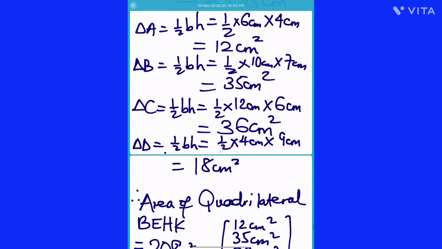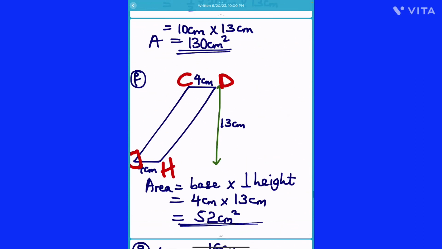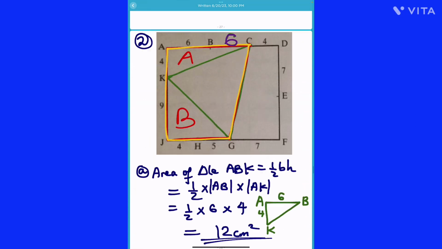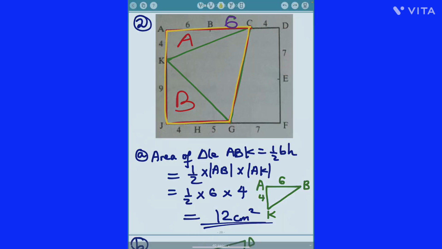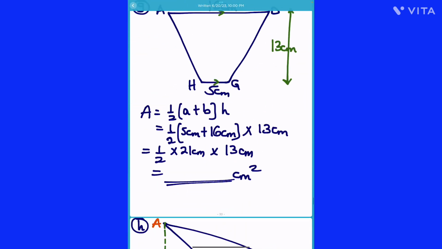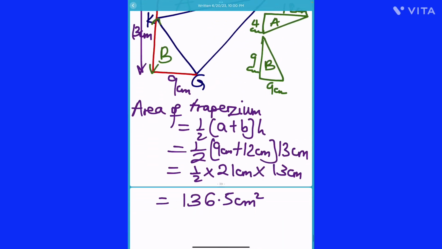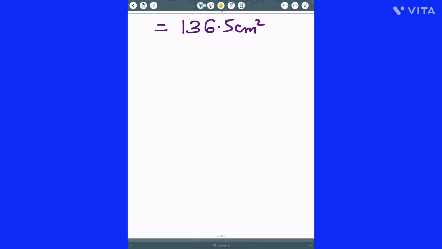Let's check that together again. Triangle A should be 12 by 4. Okay, I can see it now. 12 by what? 4 for triangle A. Then triangle B is what? 9 by 9. So take note of that. We'll find the area of the two triangles and subtract it from the area of our trapezium. So area of triangle A, let's do that together.